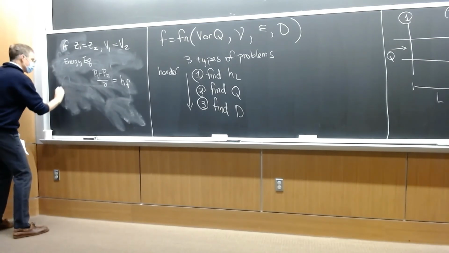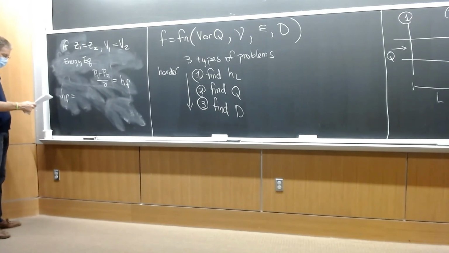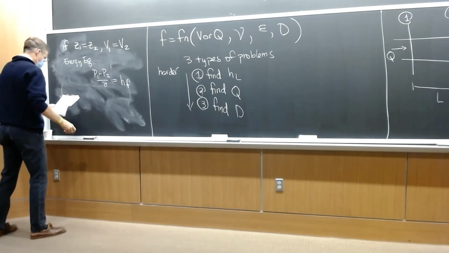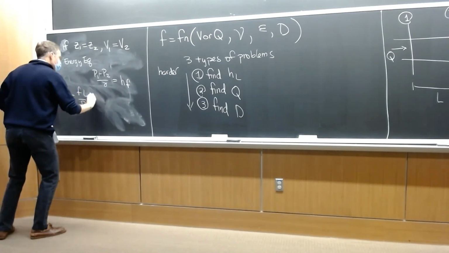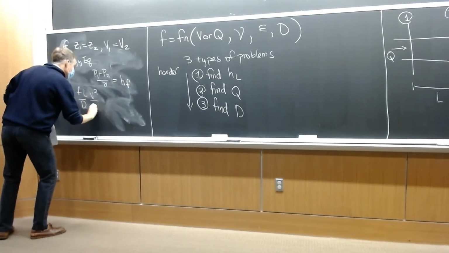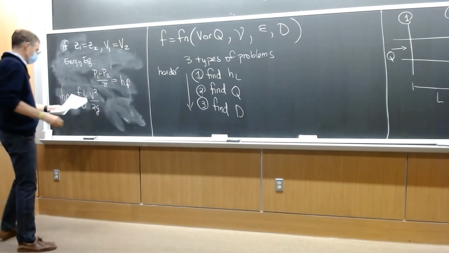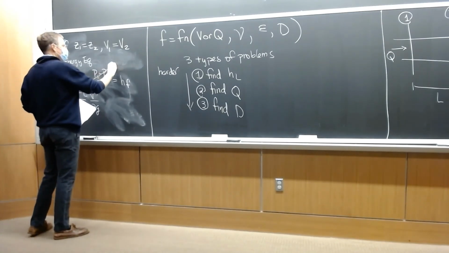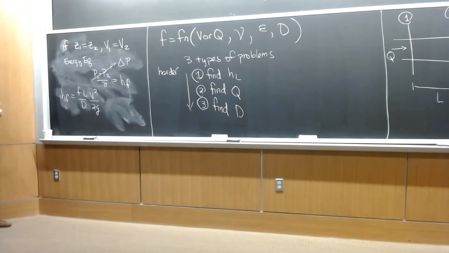And then, like I said last time, we have this equation for the head loss. You combine the two of these to get, and I'll just call that, a difference in pressures from upstream to downstream.